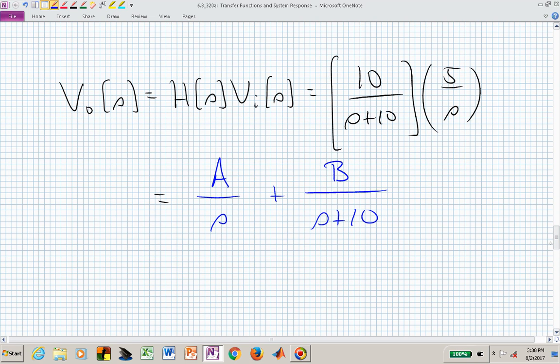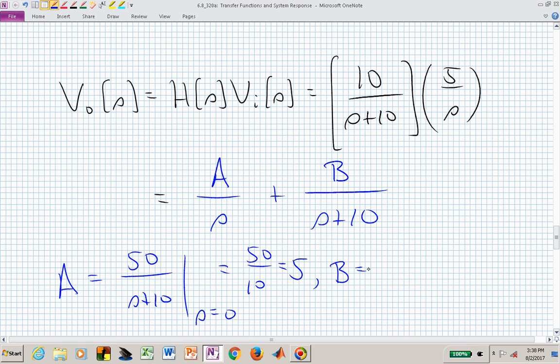We can use the cover-up method to try to find A and B because they're distinct roots of our denominator polynomial. For A, we scale both sides by s and let s go to 0. We now have in the numerator 50. Downstairs we have s plus 10. We let s equal 0, and A now becomes 5.